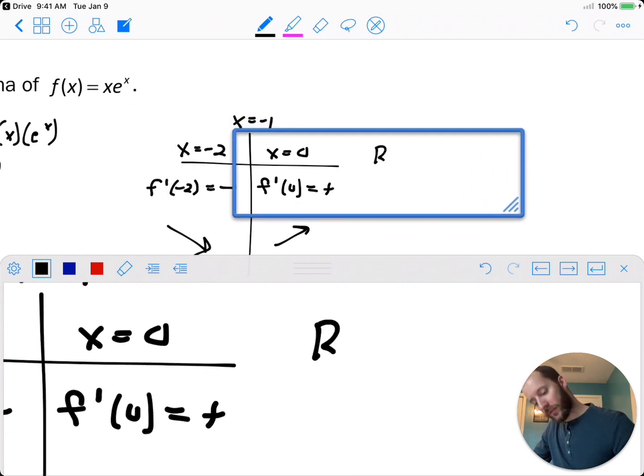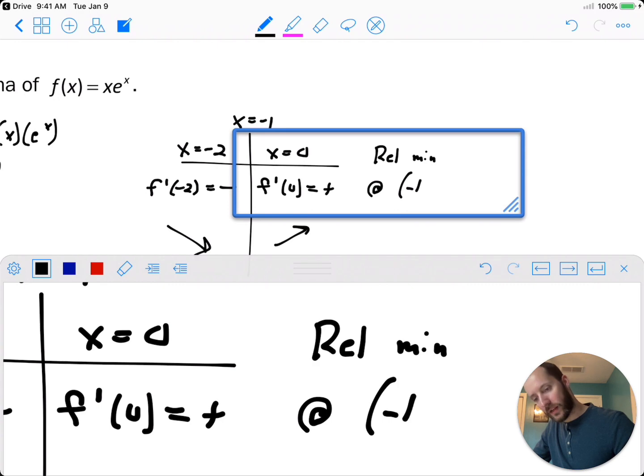So we have a relative minimum at negative 1, comma, negative, what would we get if we plug in negative 1? e to the negative 1. 1 over e times negative 1. Negative 1 times 1 over e, negative 1 over e.